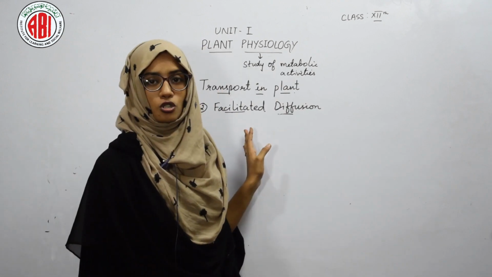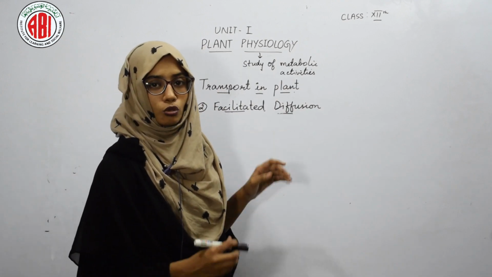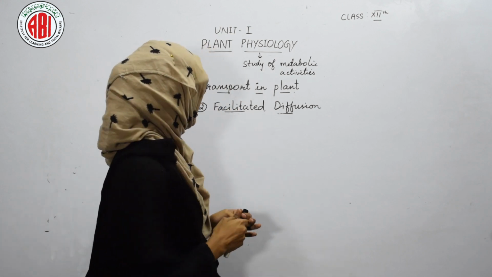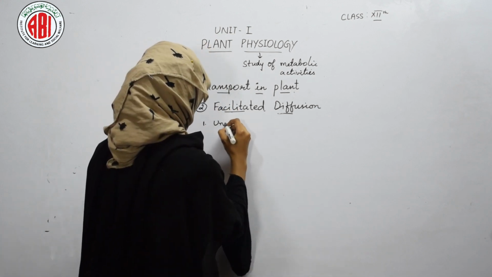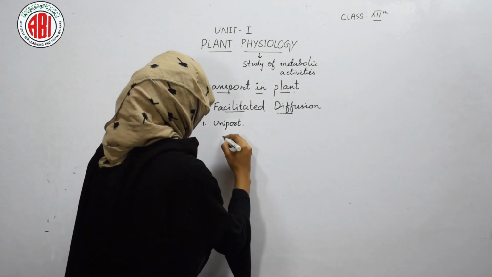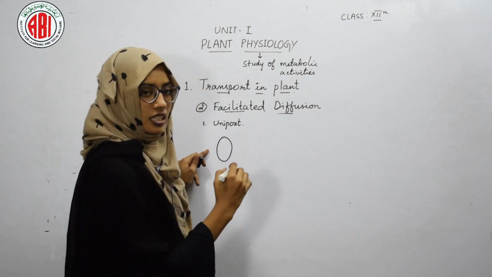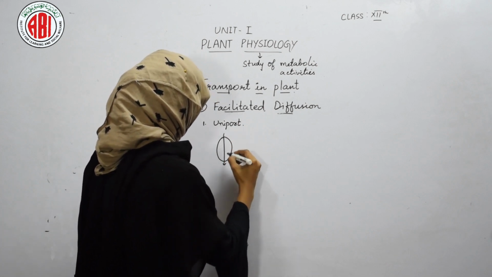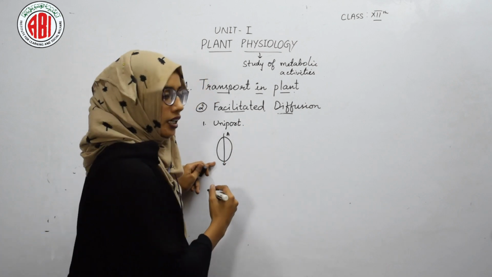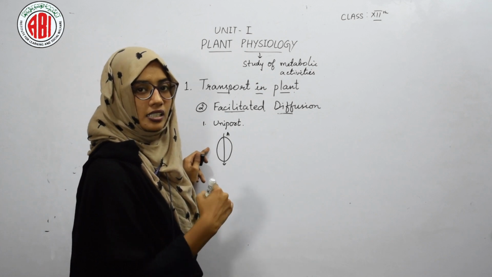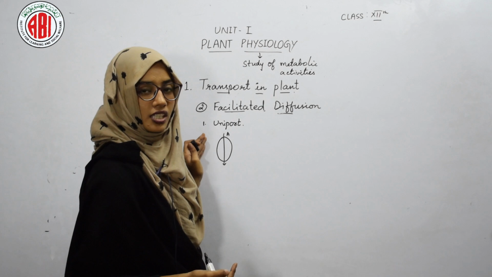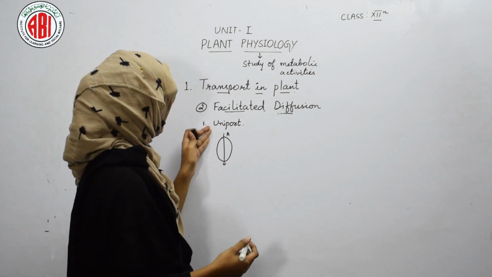Facilitated diffusion shows three ways by which the molecules or the particles get inside the cell. The first is uniport. In this type, the carrier protein carries only one particle inside the cell, through carrier proteins, and this type of transport is known as uniport.